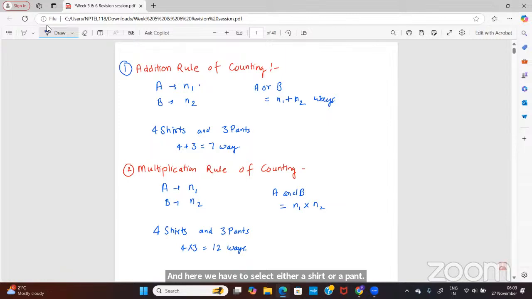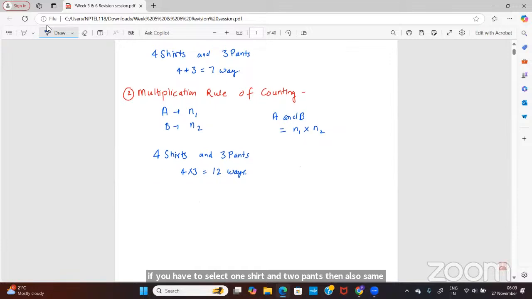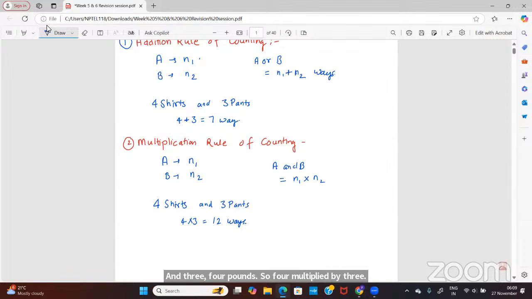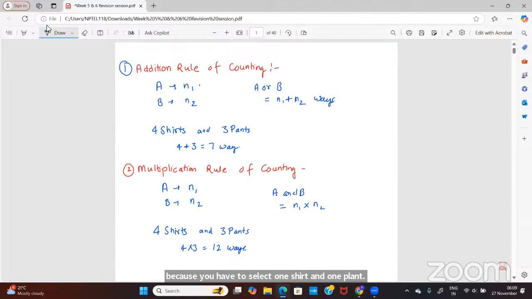I want to ask one thing, ma'am. Like, if we have to select one shirt and two pants, then also same way we will do. See, we have four options for shirt, right? And three for pants. So four multiplied by three, because we have to select one shirt and one pant. Okay, here we have to select either one shirt or one pant.